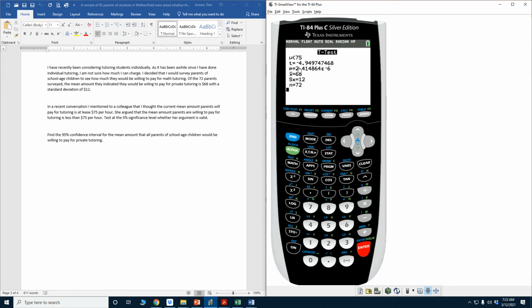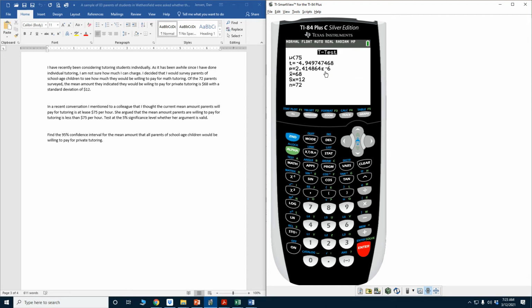Okay, t is negative 4.95, which is huge. My p-value, remember, is not 2.414. My p-value says it's 2.414864 e negative 6. And remember that e negative 6 is scientific notation. So my p-value is really 0.000002414.